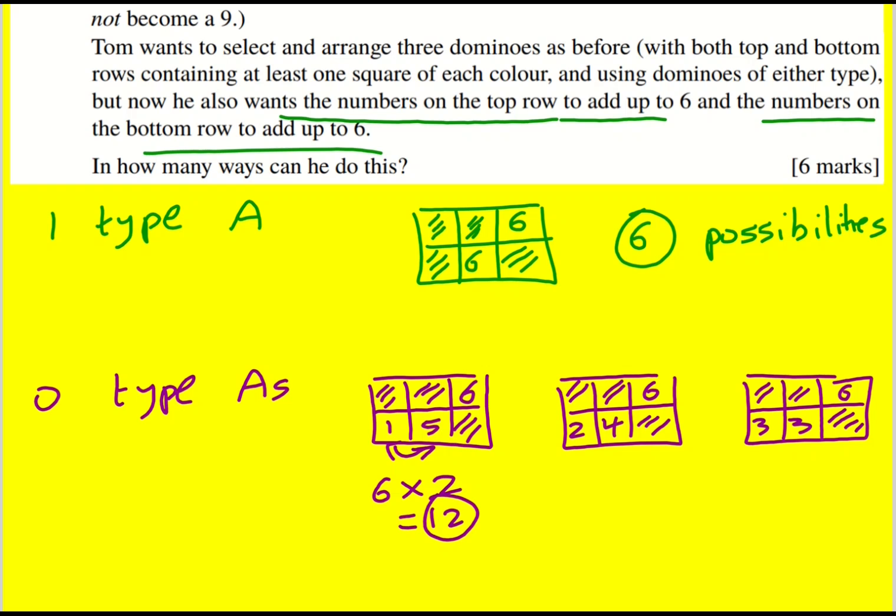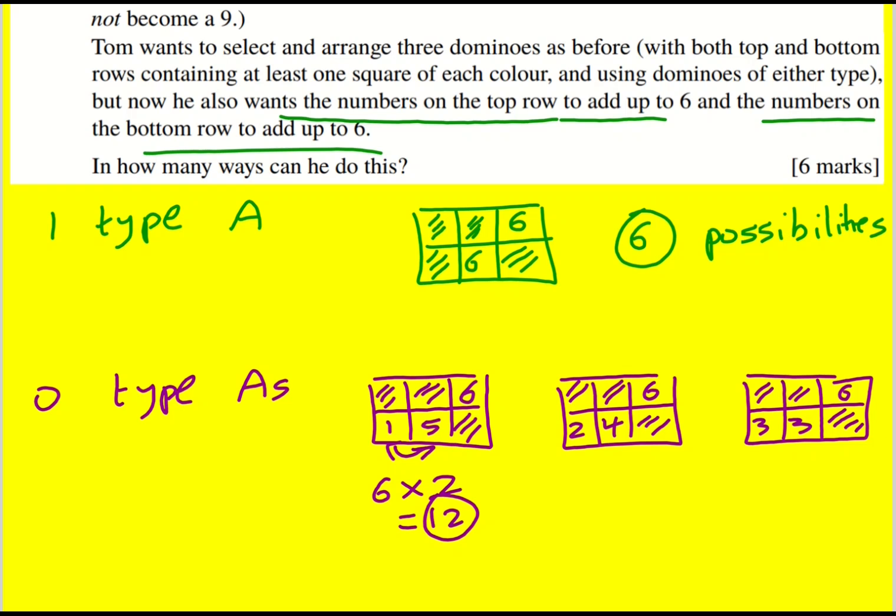Let me just say that again. Remember, from above, we found out there were 6 configurations. Either 2 shaded at the top and 1 shaded at the bottom, with 3 different places I can put it, but I can also swap it round, so just 1 is shaded at the top, and there were 3 different ways I could put it, so 6 possibilities.